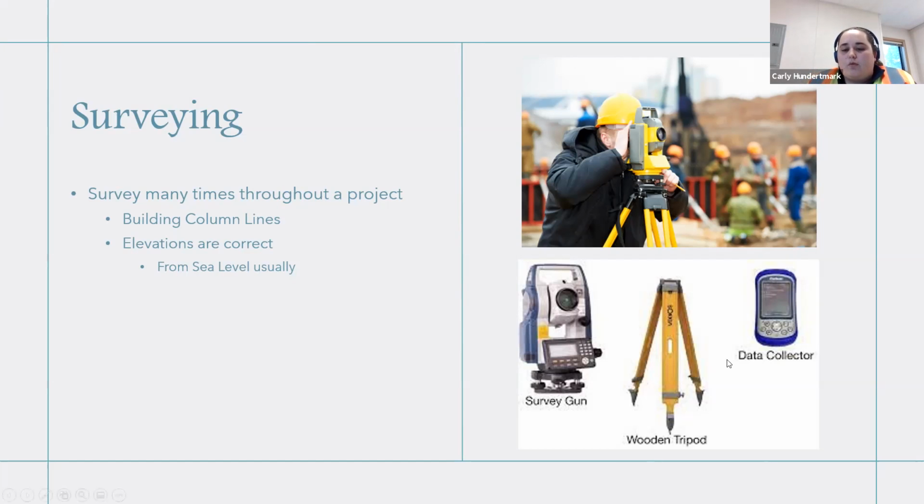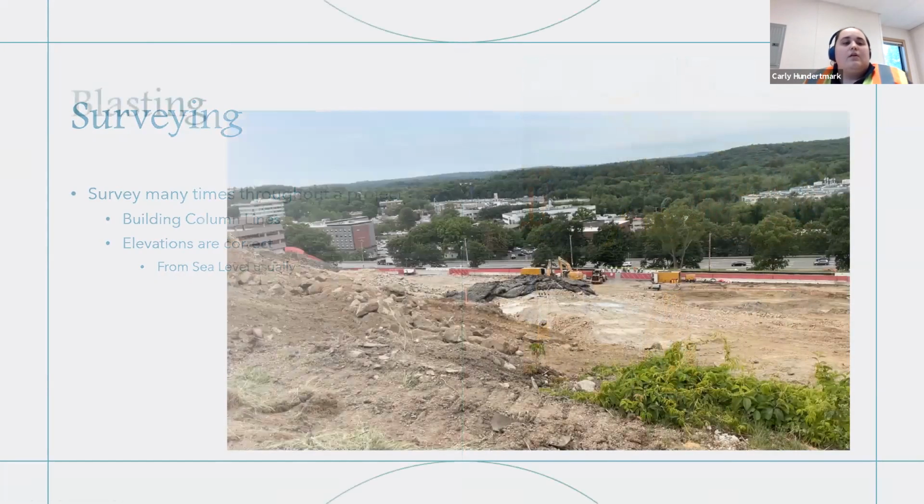In the bottom right photo, you can see typical surveying equipment: a survey gun on a wooden tripod that blasts a laser so you can see the elevation you're at, and data collection. I was actually lucky enough to do this in high school too. We had surveying equipment and I was able to fiddle around with it, which was really cool.